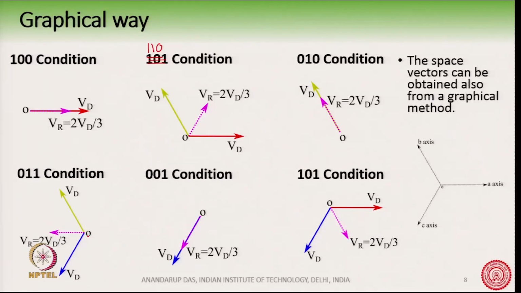So, instead of going back to the formula all the time, we can also find the resultant space vector using this simple graphical method. Here the A, B, C axes are shown.